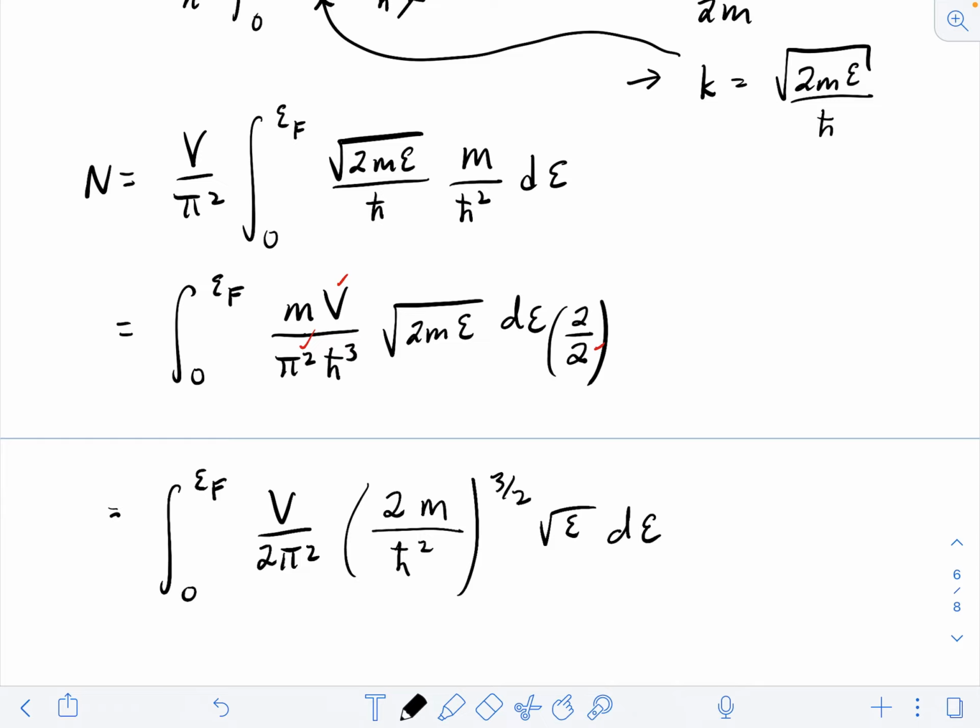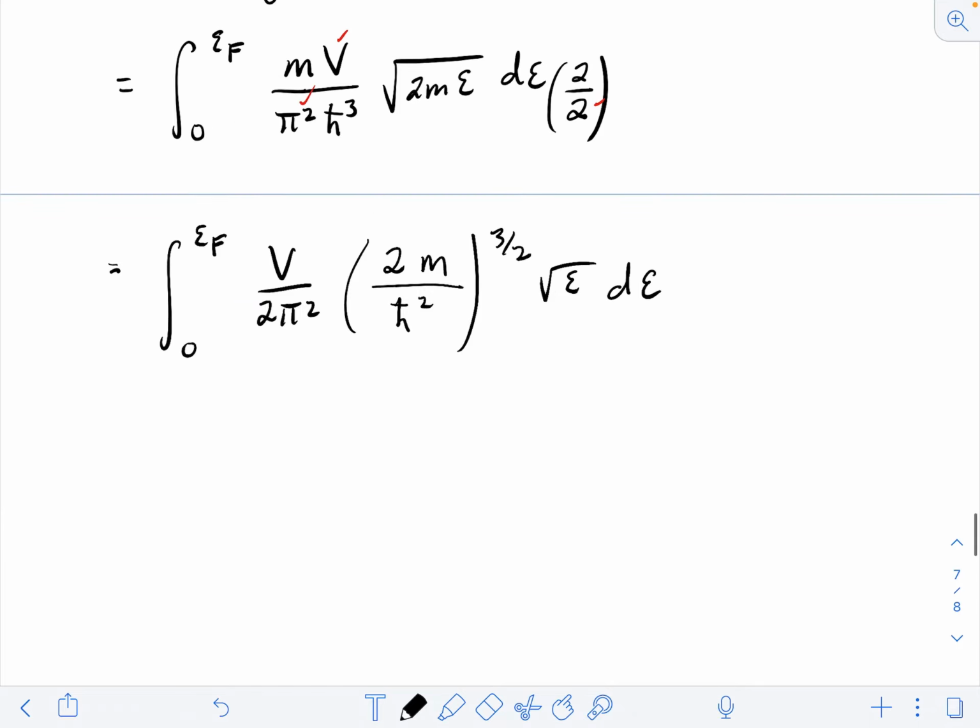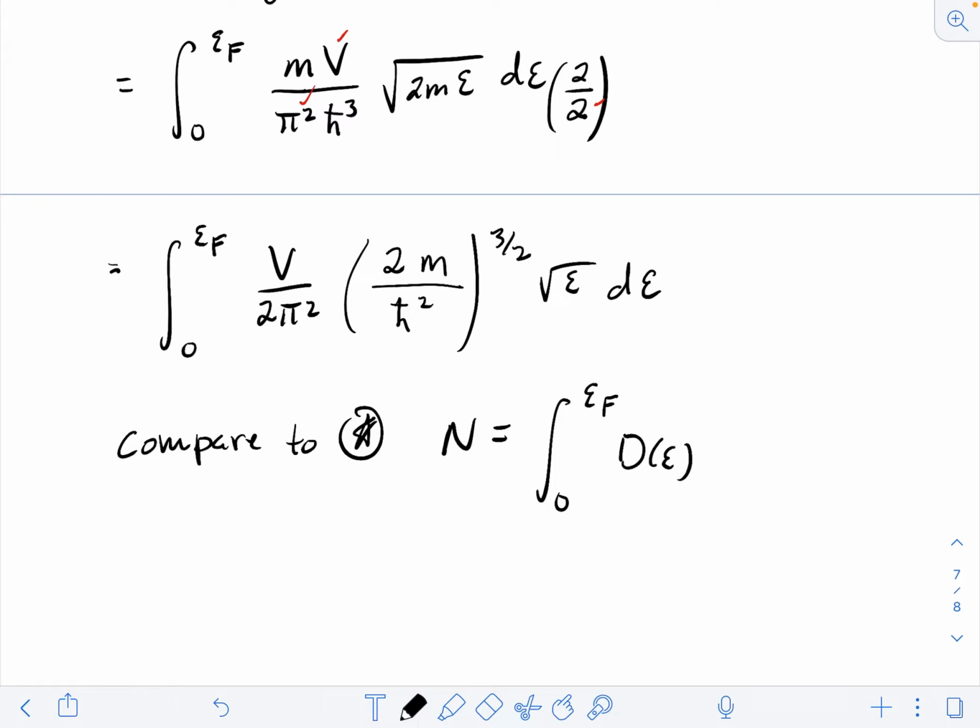Okay, good. So now what we can do is compare to equation star, which I'll rewrite, which was n is equal to the integral up to epsilon_F of D of epsilon times d epsilon.